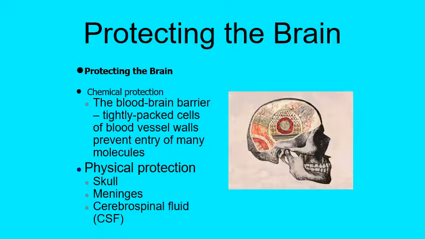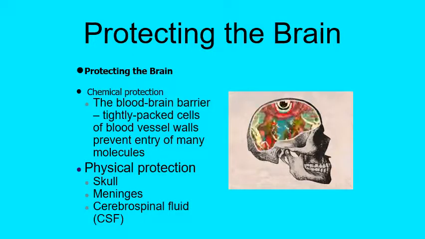But there is also a chemical protection, and it is referred to as the blood-brain barrier. The blood-brain barrier is basically a mechanism that impedes the passage of many toxic substances from the blood into the brain. These are tightly packed cells of blood vessel walls that prevent entry of many molecules.